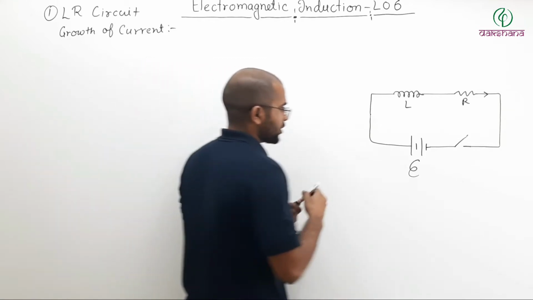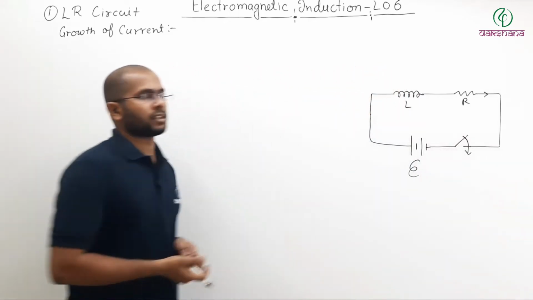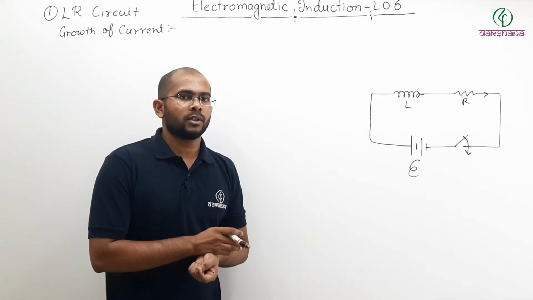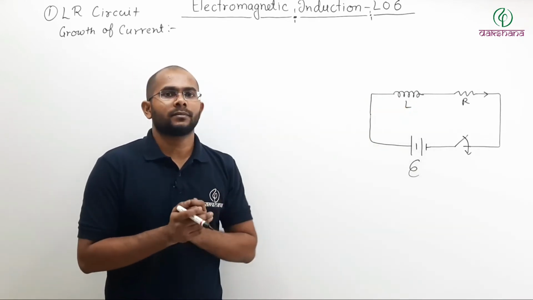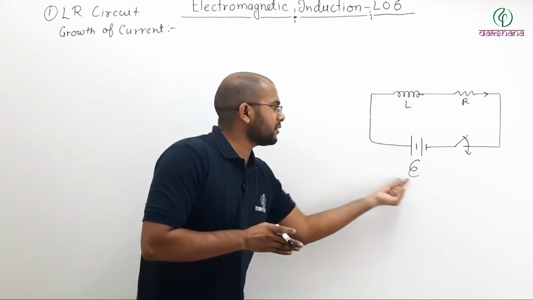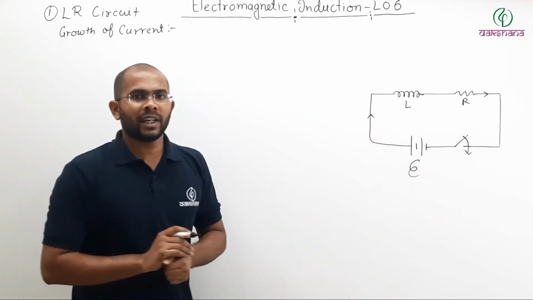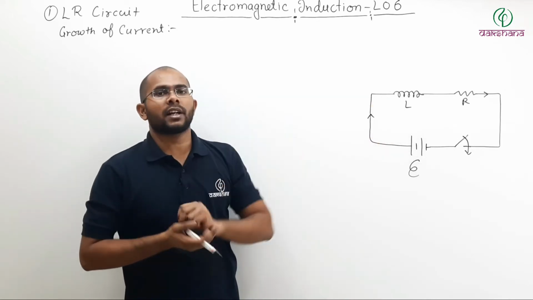When you close the switch at t equal to 0, as soon as you close it, the battery will try to produce current in this direction. All of a sudden, there is a change in current through the inductor.